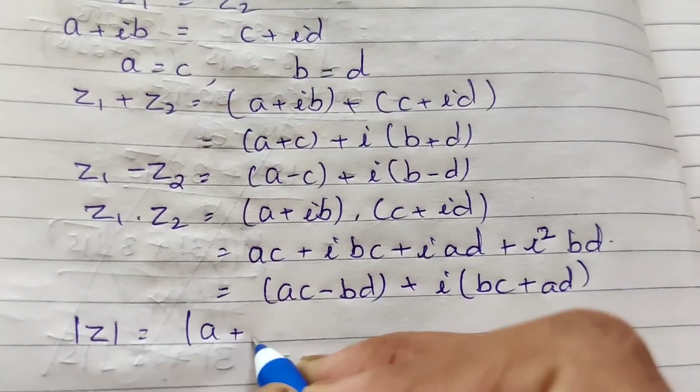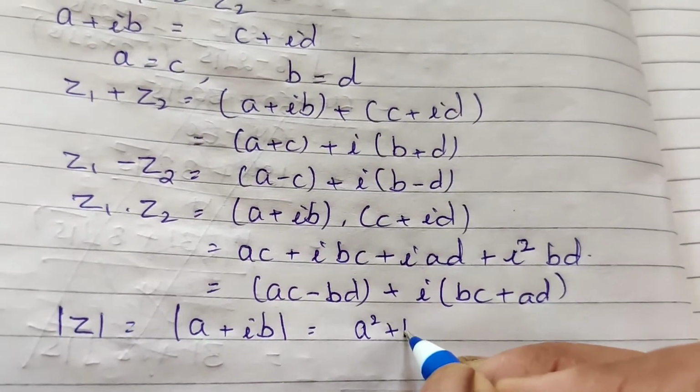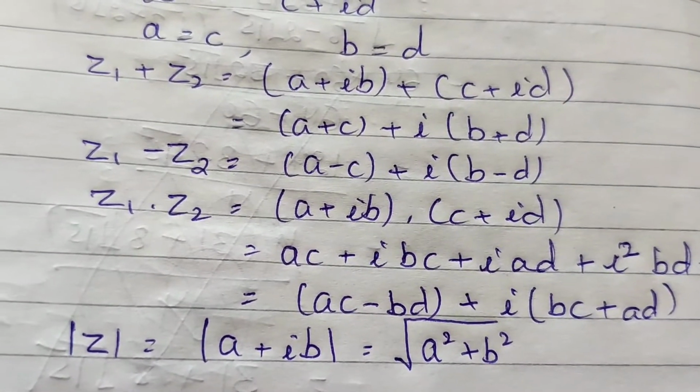The value of mod z, it means the value of this complex number, is equal to under root a square plus b square.